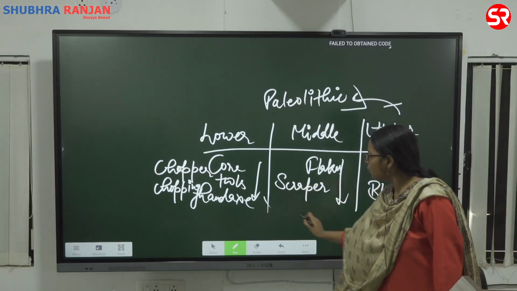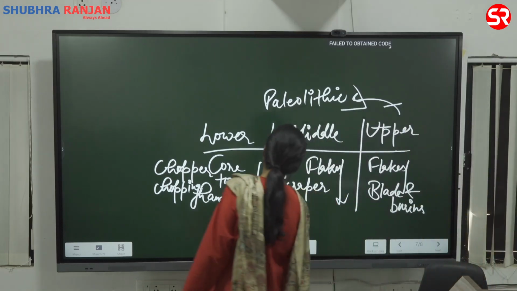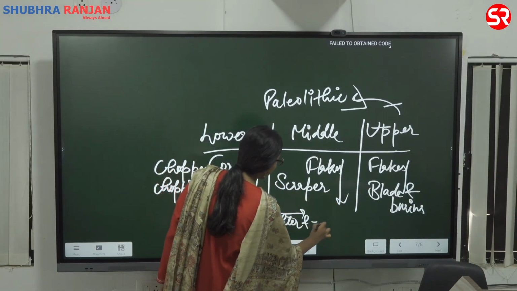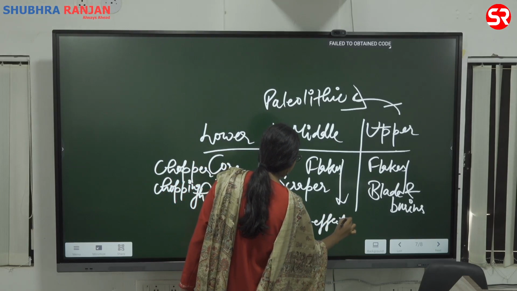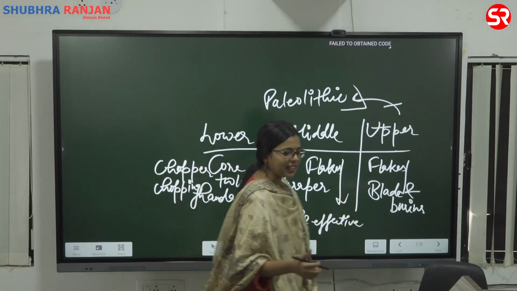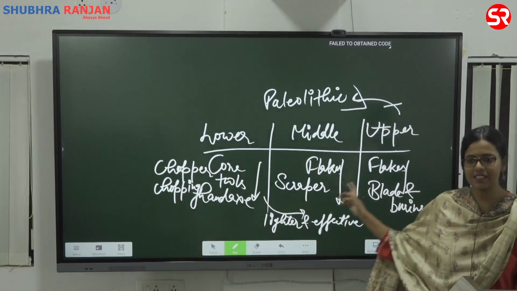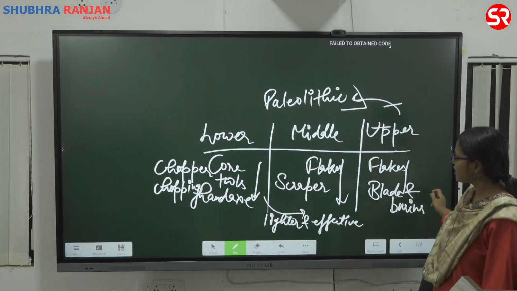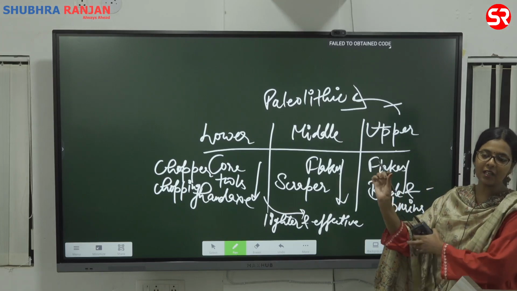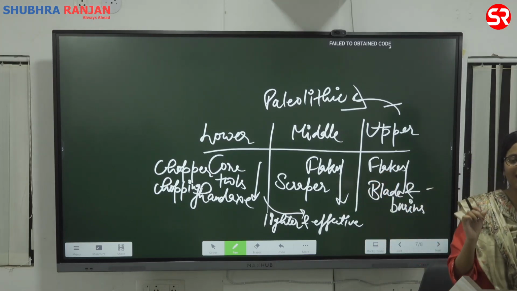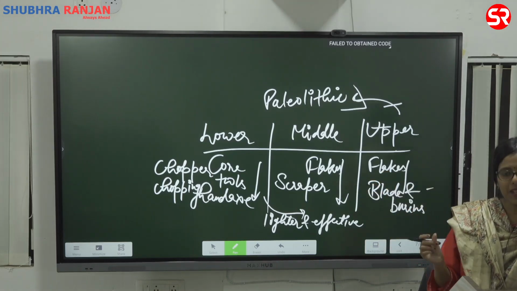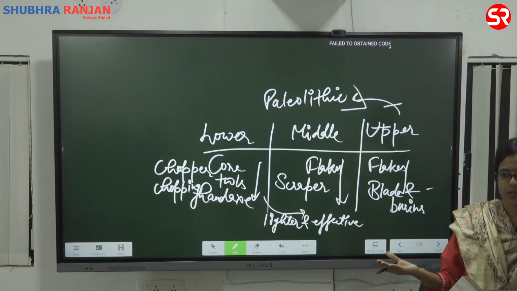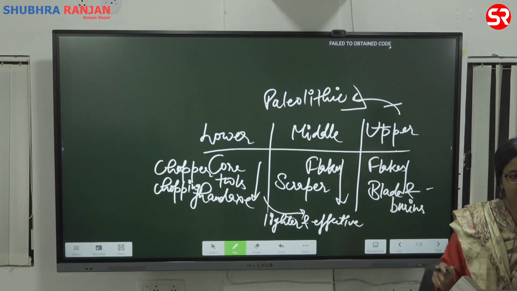Then they will move towards lighter and more effective tools. Lighter and effective tools, and this is something that is going to be carried on. Here we have seen that the blade and burins were even lighter, even more effective. So they were like present-day knives that we use. Okay. So this is something that is happening.